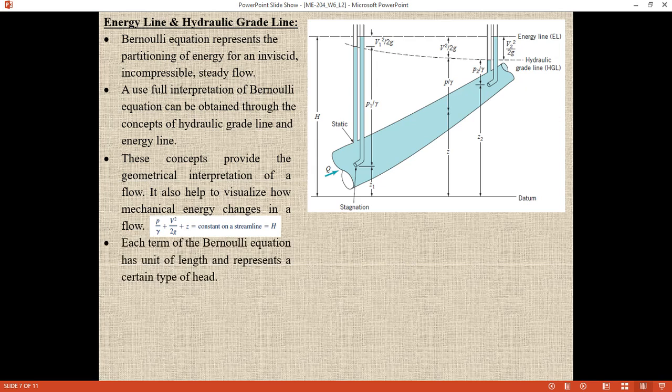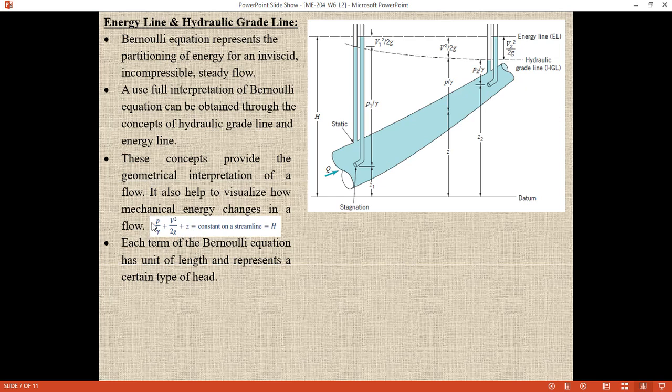So here each term of the Bernoulli equation has a unit of length and represents a certain type of head. As I explained earlier, this is pressure head, this is dynamic head, and this is hydraulic head.